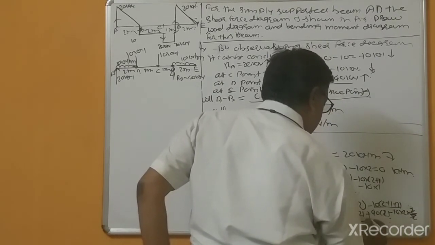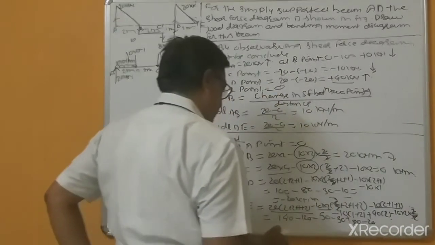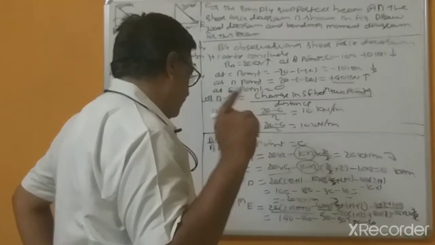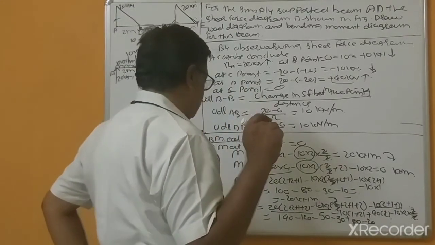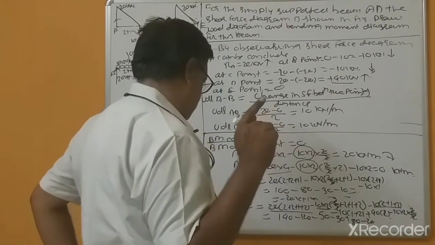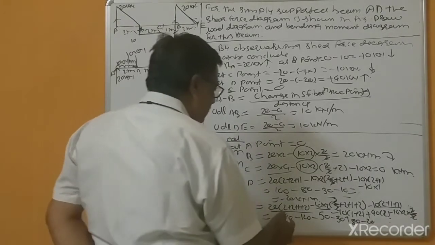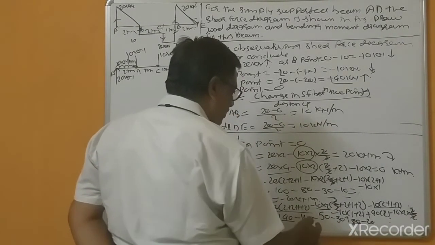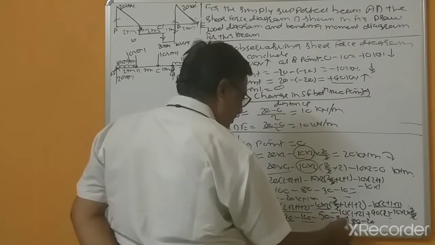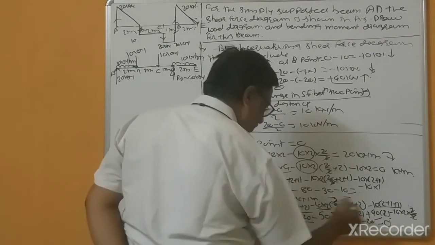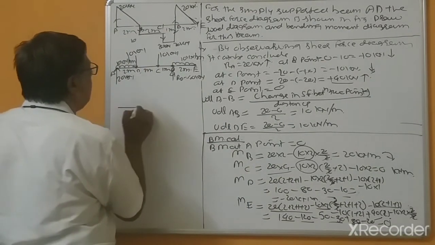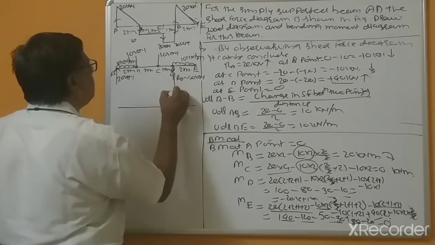So this is equal to minus 20. 20 into 2, right. So this 140 and this is 220, 120 and this is equal to 0, right.